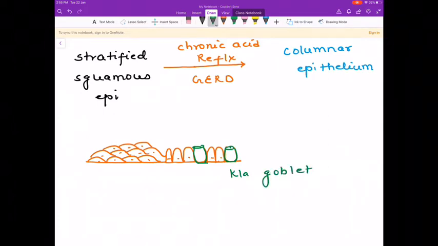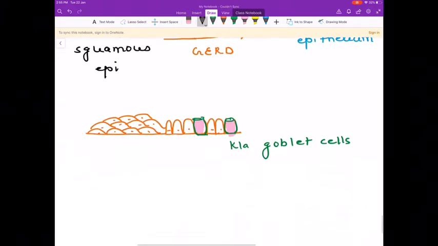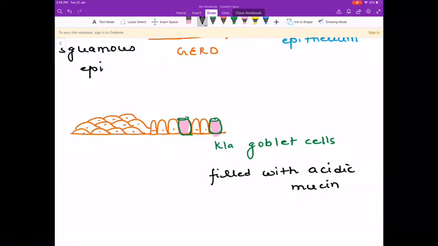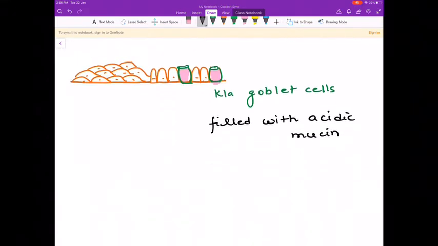These goblet cells are filled with acidic mucin. And to test that this is acidic mucin only, we can use a special stain. Name of the special stain which is used for acidic mucin, again recently asked.